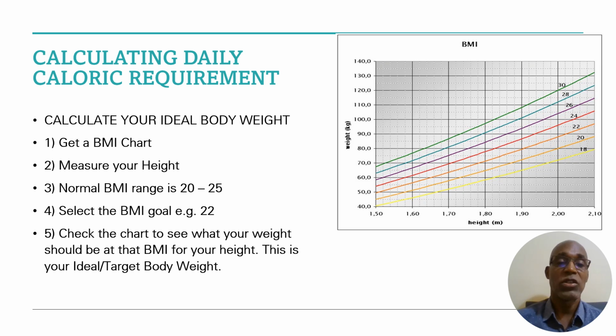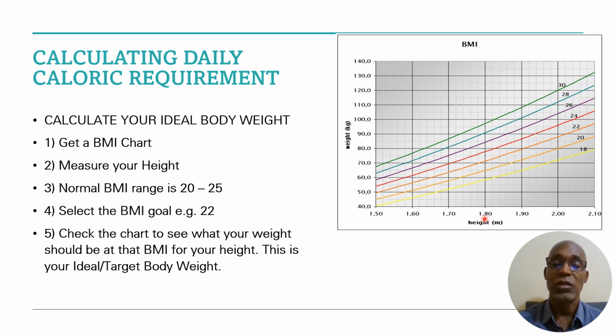So after you've measured your height, then you're going to look to see what your ideal body weight is. So let us say that you are 1.8 meters and you're working towards a target of 22 BMI.